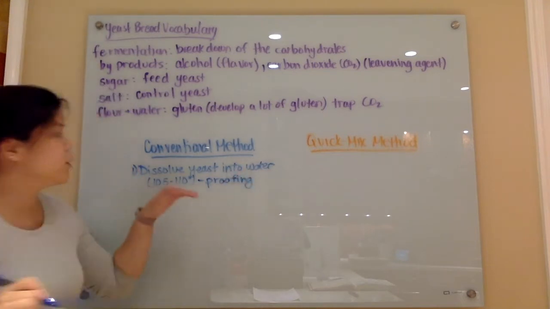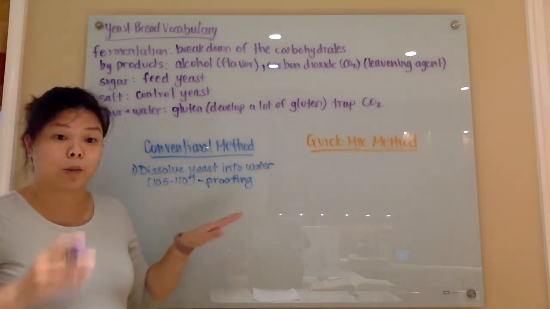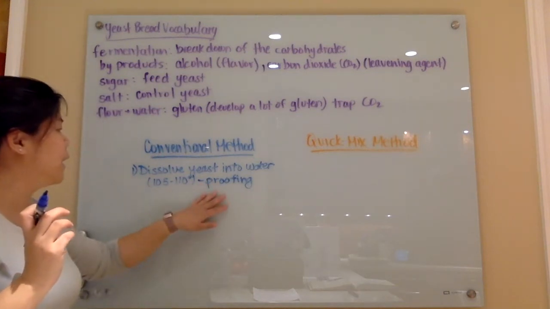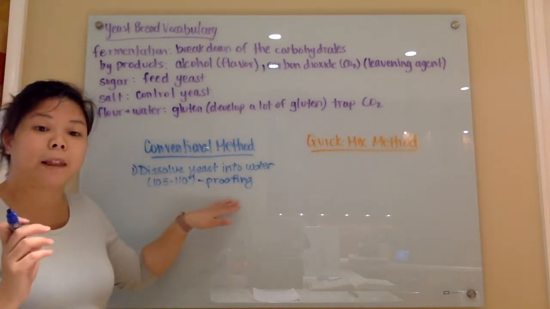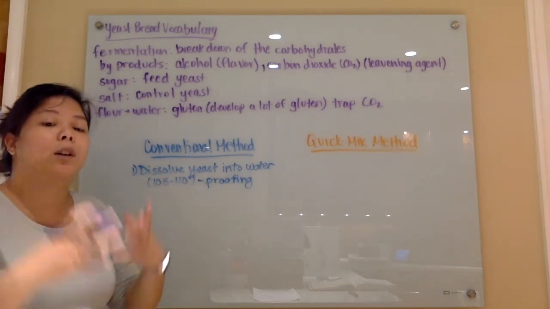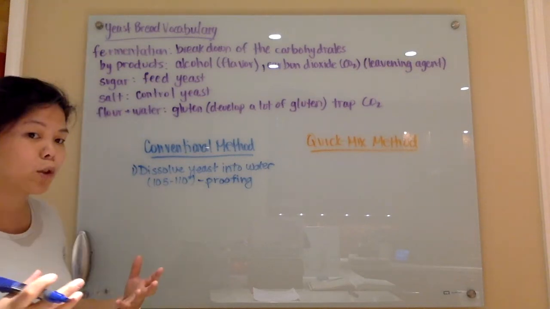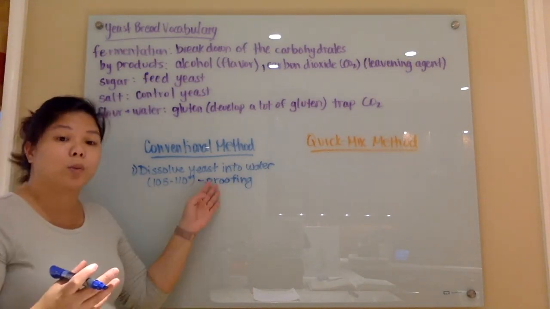The advantage to doing the conventional method is to find out and make sure that your yeast is working. So in this conventional proofing method, I put that yeast into the water and let it grow, and so I know that that yeast is actually working. If you have older yeast and you're not sure if it's still good, this is a good way to go.